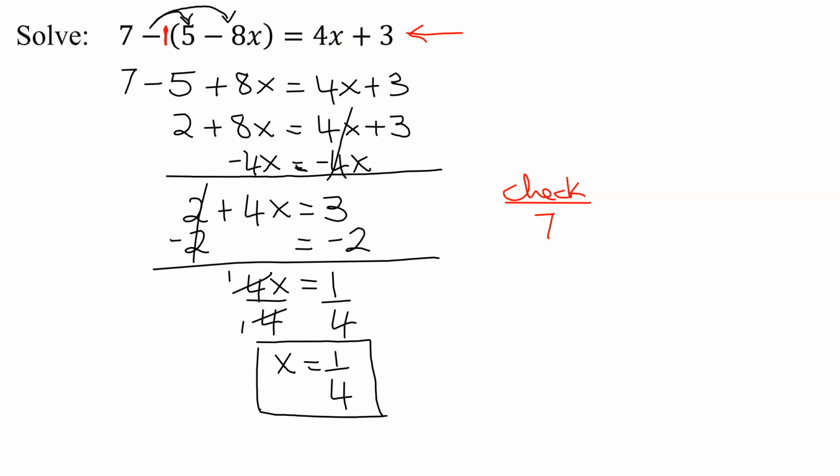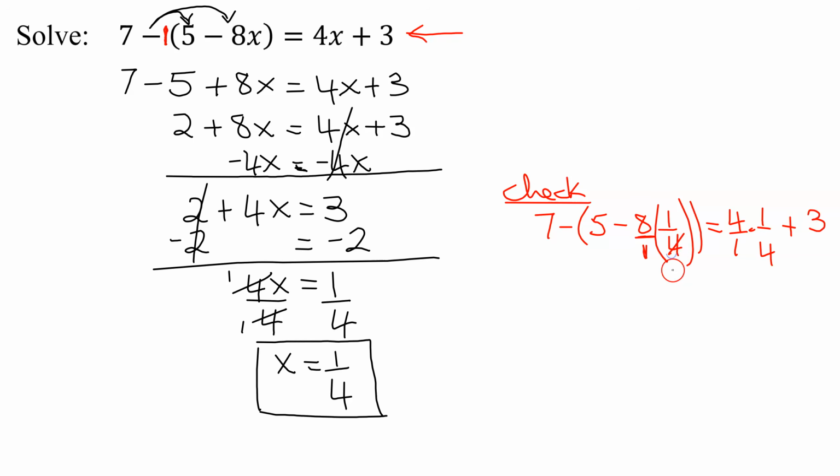So I'm going to get 7 minus the quantity 5 minus 8 times x, which is 1/4. And since 1/4 is a fraction, I'm going to turn 8 into a fraction to make my life easier, equals 4x, so it's 4 over 1 times 1/4, because remember, x is 1/4, plus 3.